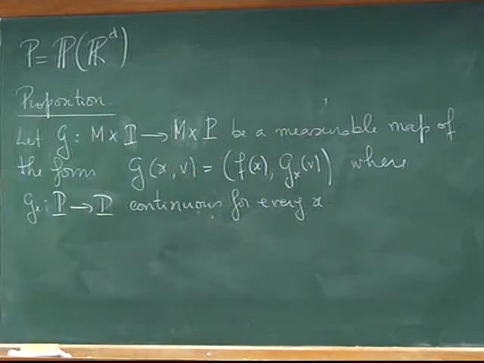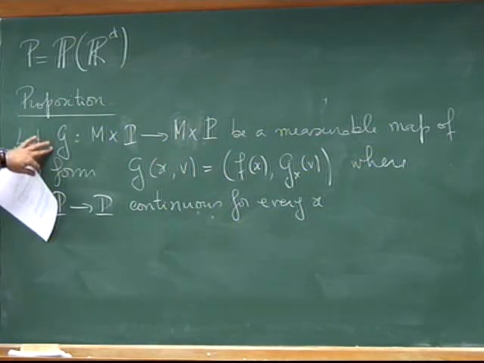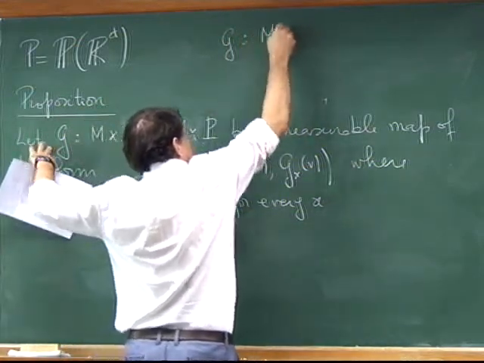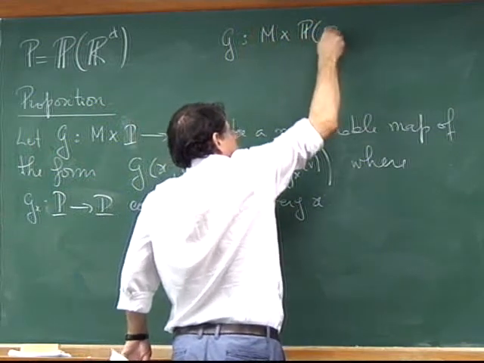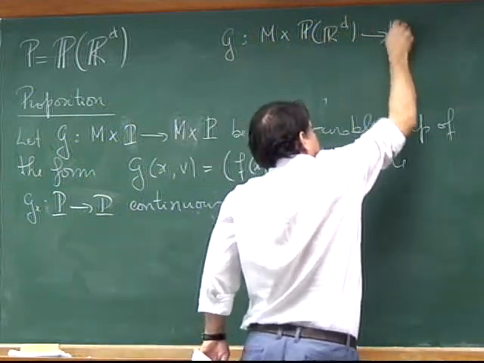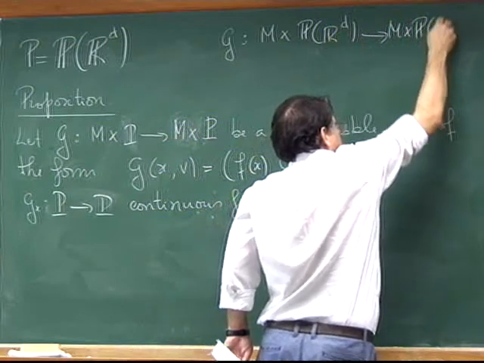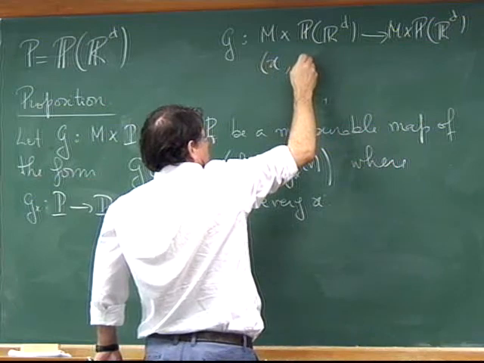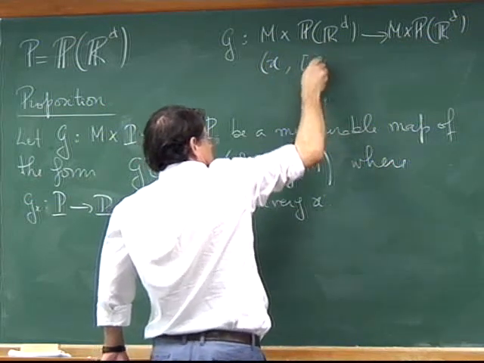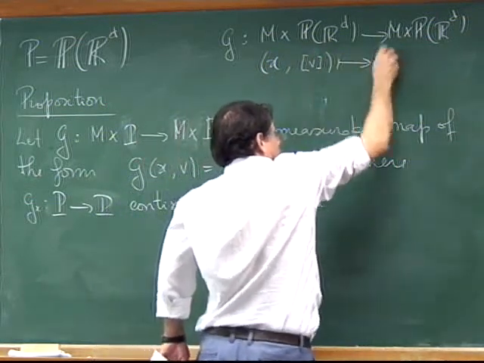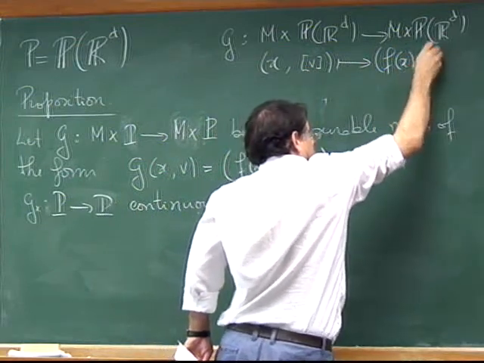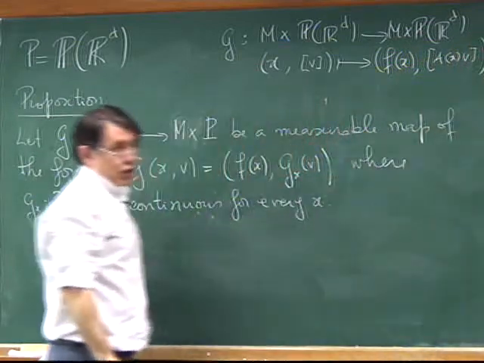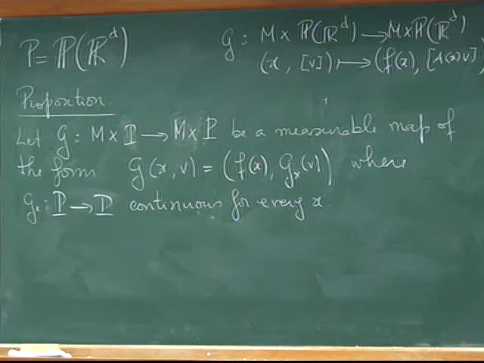So what is the map that we have in mind? We have in mind the map G from M×P(R^d) to M×P(R^d), that to each (x, v) associates (f(x), A_x(v)), the projective cocycle associated to that.